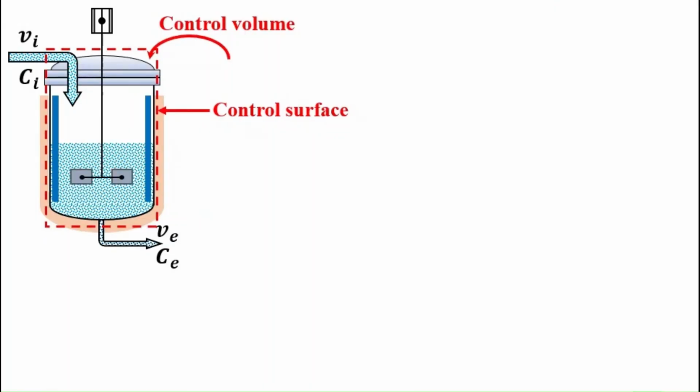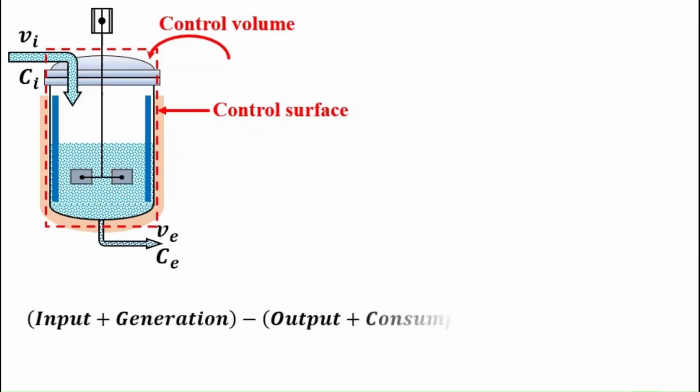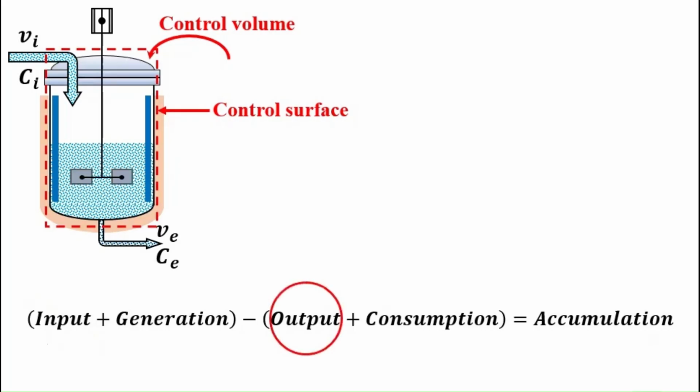In general, a mass or mole balance for a control volume is expressed as input plus production minus output minus consumption equals accumulation. Input is the amount of mass entering the control volume during a given time interval, while output is the amount leaving during the same interval.